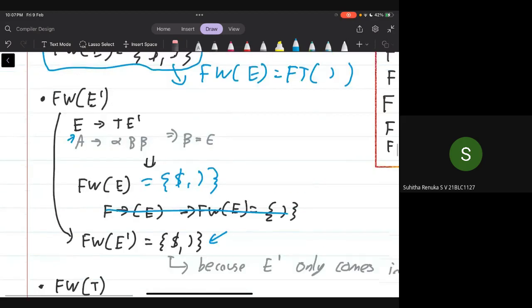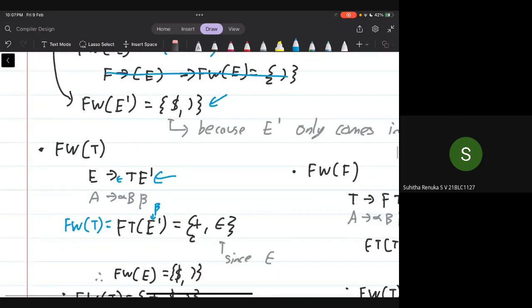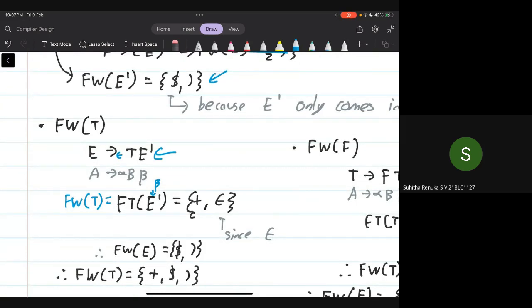You took first of beta, which is first of E dash, and you got plus and epsilon. Whenever beta is not equal to epsilon, you take first of beta.